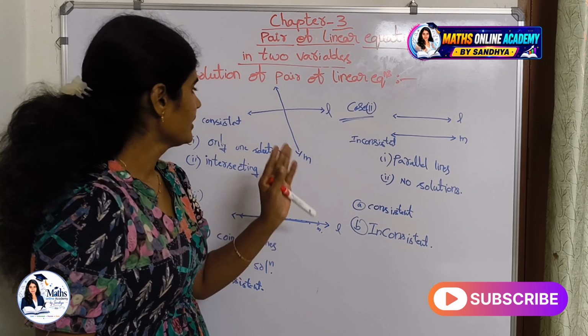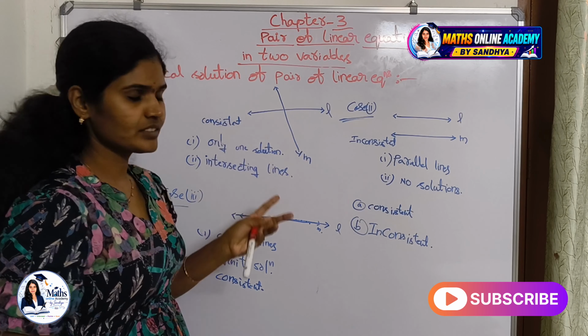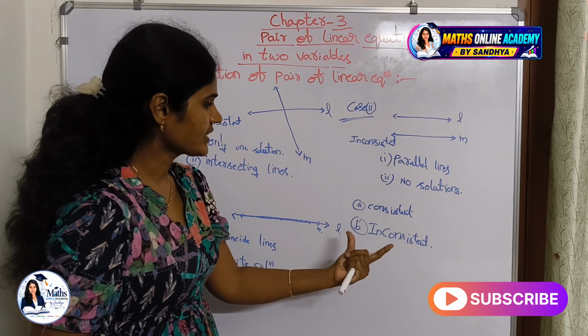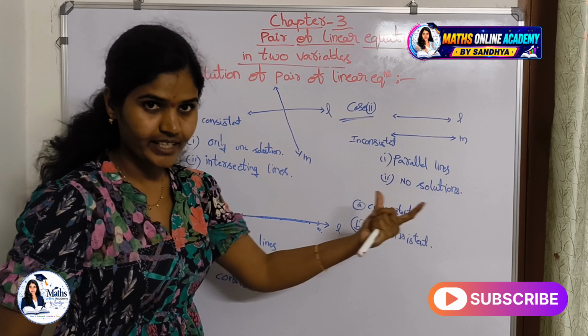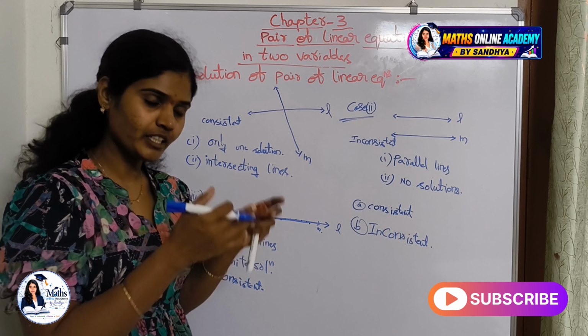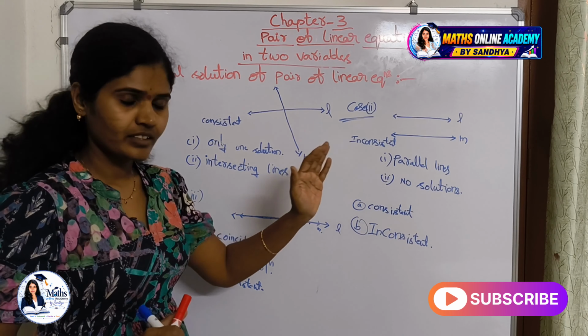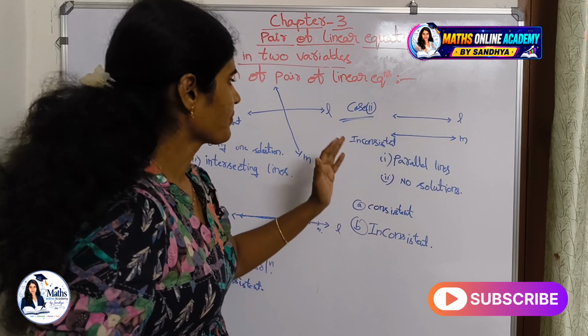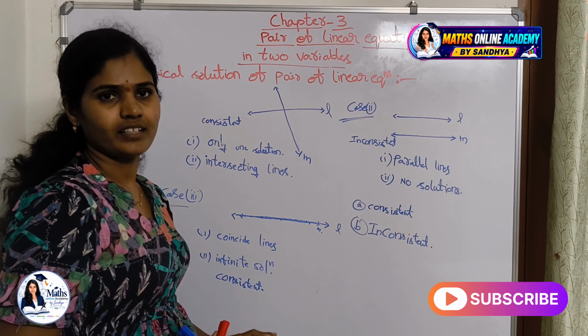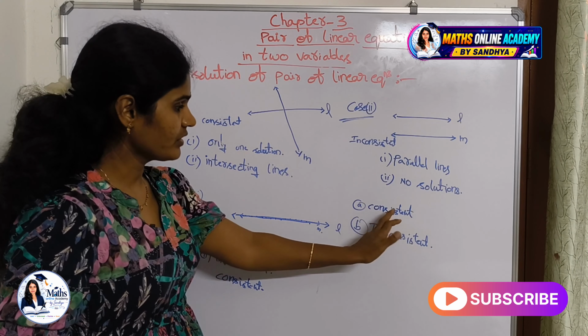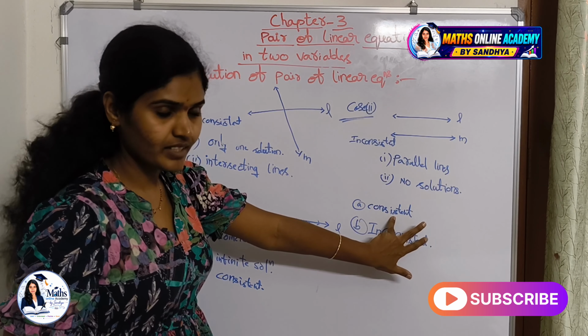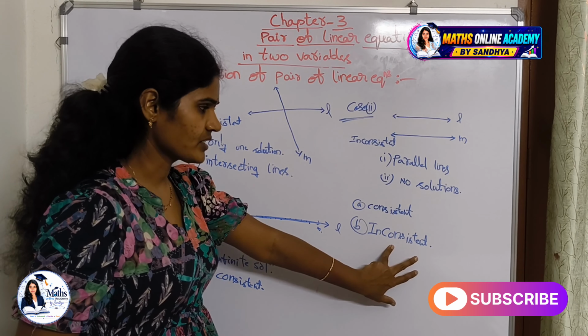Okay, remember all this. The words consistent, inconsistent, parallel lines are very important in the entire chapter. Why? Because in the questions they ask whether this is consistent or inconsistent. You remember what is consistent and what is inconsistent.